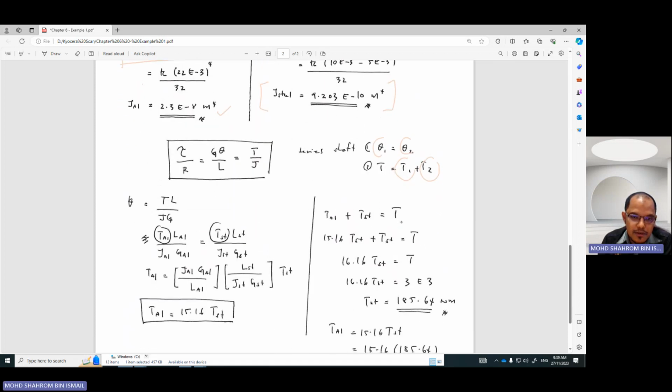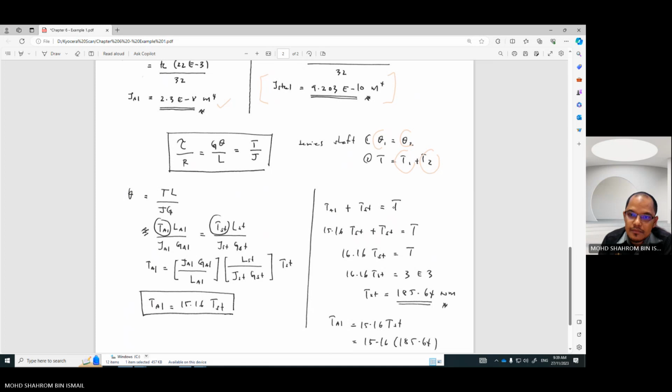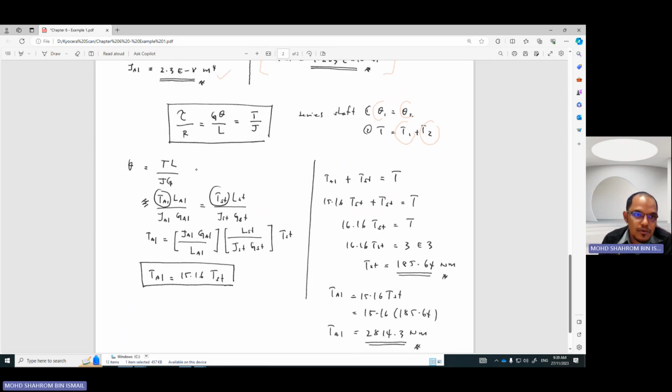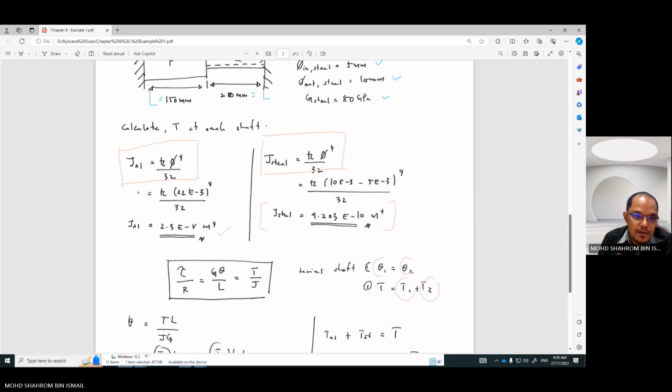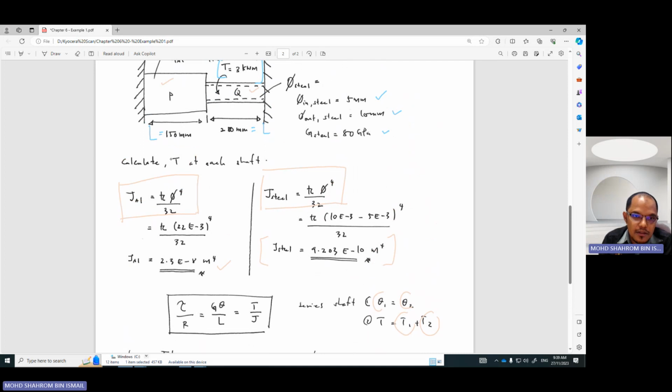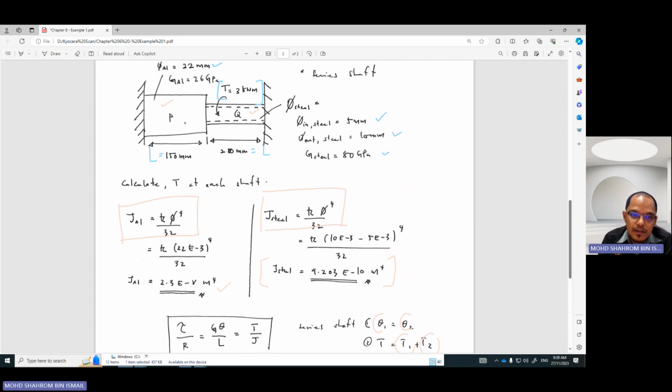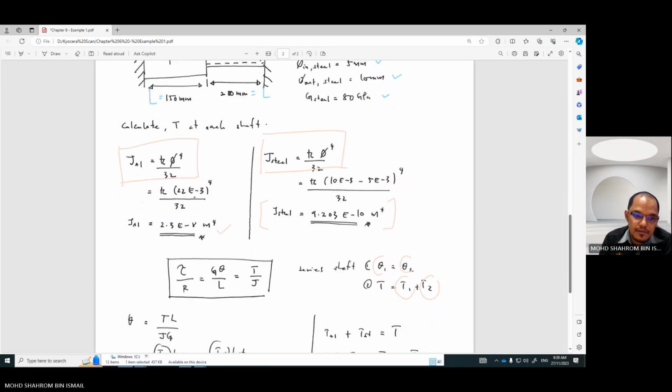In order to solve it, we need to go by, what it asks us to find is to calculate T of each shaft. Calculate T of each shaft.